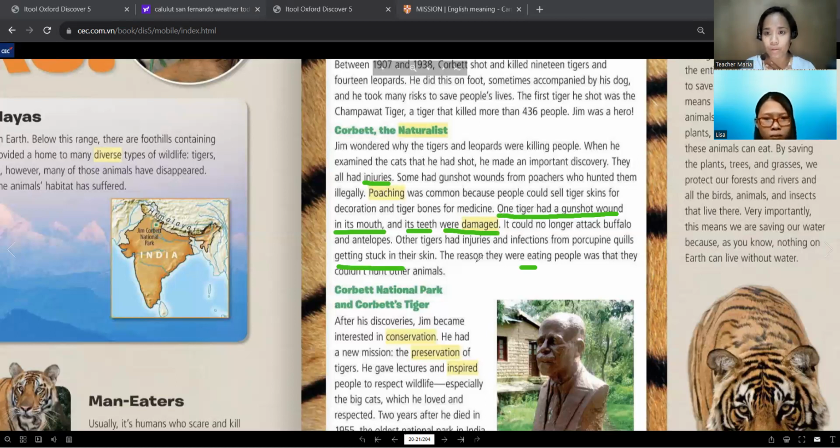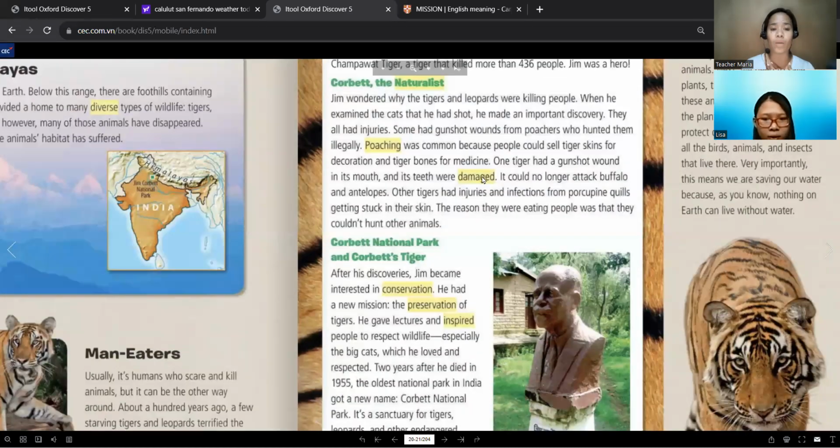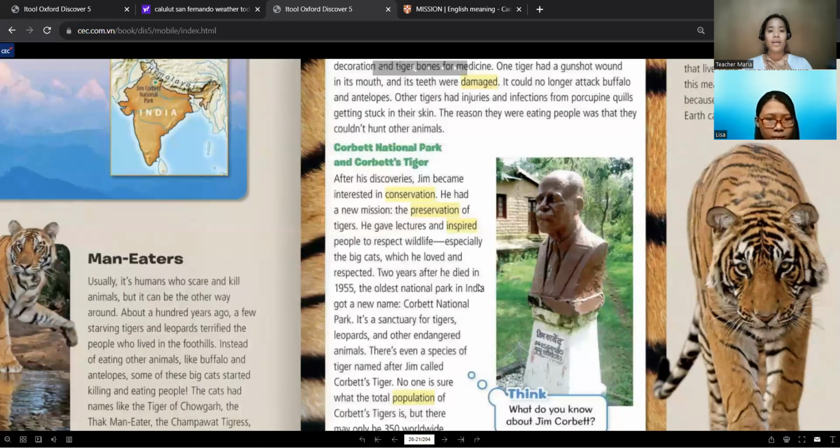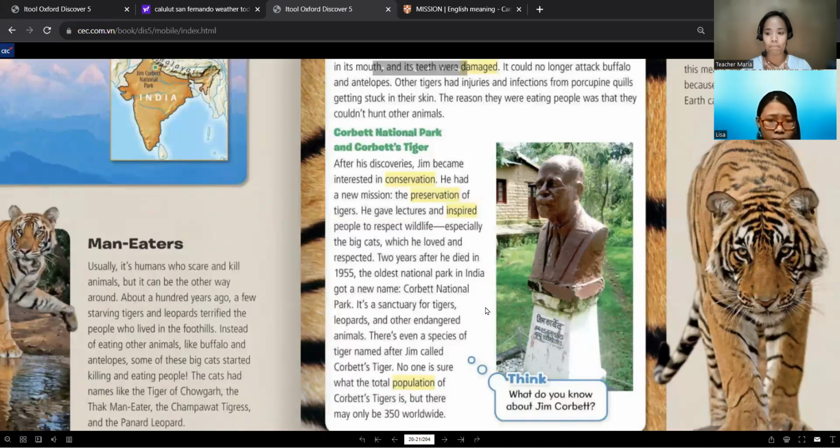Now, we will move to the next one, Corbett National Park and Corbett Tigers. Here in this next part, what made him interested?